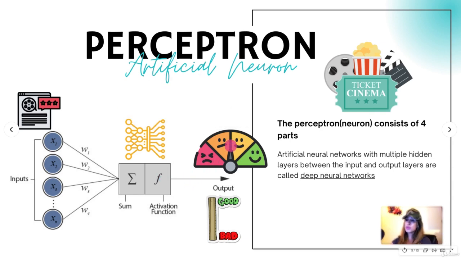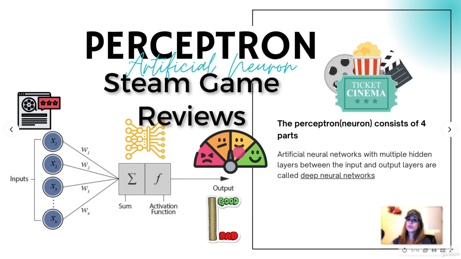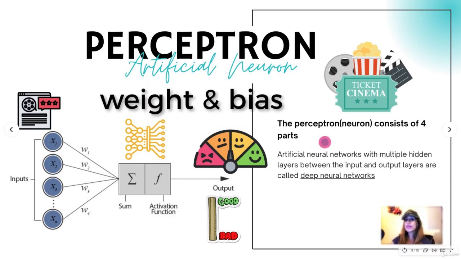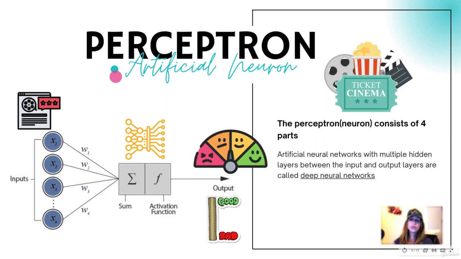One of those examples would be the text classification section, where you're introduced to classifying reviews for the first time on Steam reviews, so you can look out for that later on. So join me in the next lecture where we learn a bit more about the weight and bias within our perceptron.